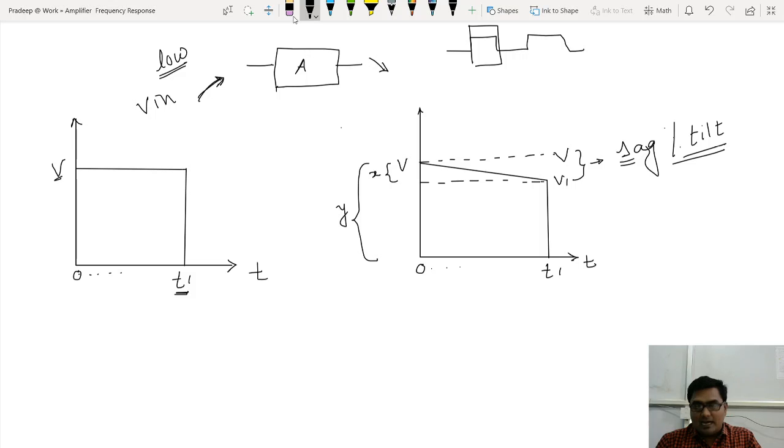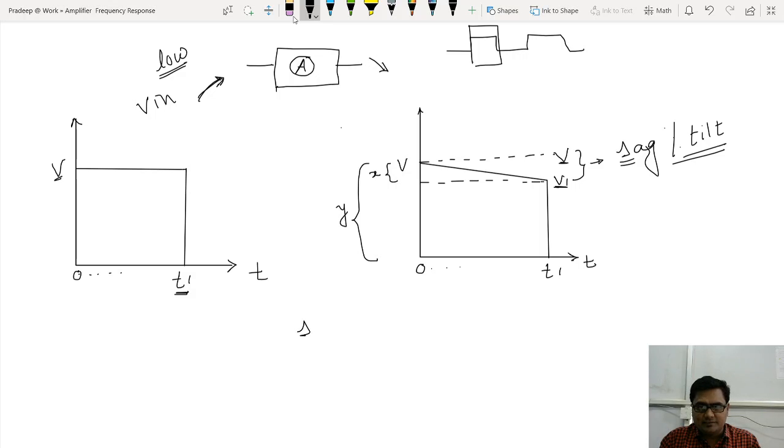So look at this output voltage. What is the desired output voltage? The desired output level is V. If I say the amplifier has unit gain, then the desired output voltage is V, because the gain is 1, so the input voltage will be the same as the output voltage. But actually I am getting V1. So the difference, V minus V1, with respect to the total V, is called sag.